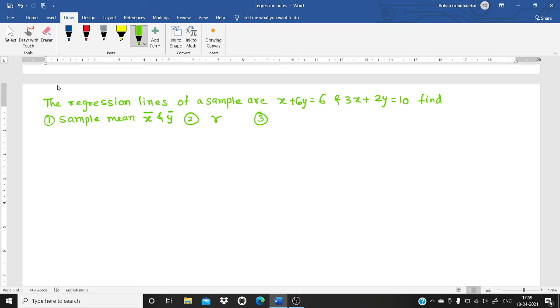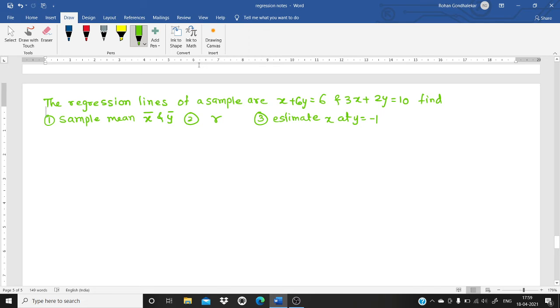And number 3, estimate x at y is equal to, say, minus 1.